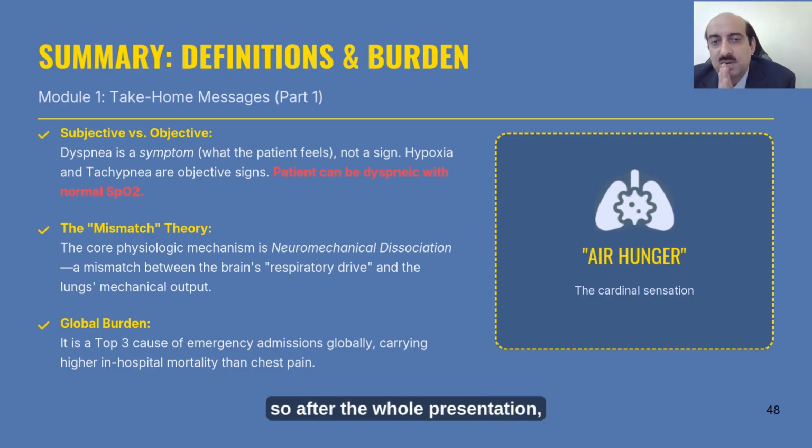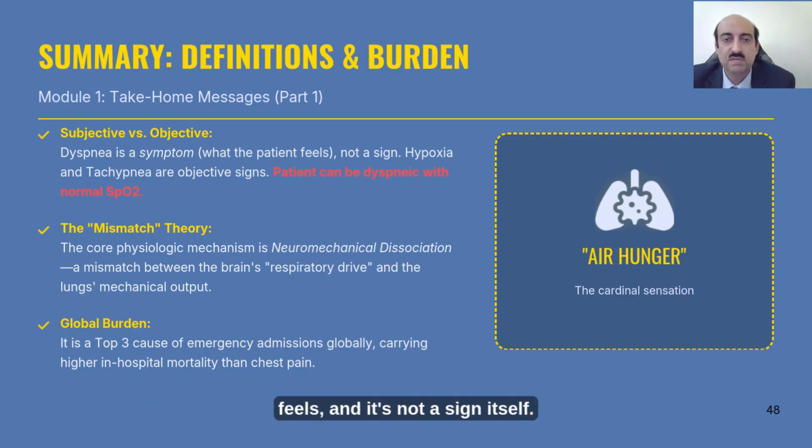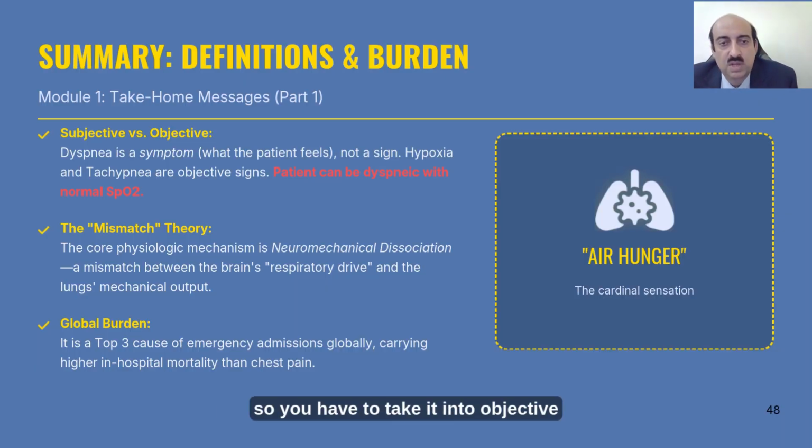Okay, colleagues, after the whole presentation, we are at the last 4 slides, and to summarize module 1, the key take-home message is that acute dyspnea is more of a symptom, and you have to ask the patient how he or she feels. It's not a sign itself. Also, hypoxia doesn't mean acute dyspnea, and neither does acute dyspnea mean hypoxia, so you have to take objective parameters into account.